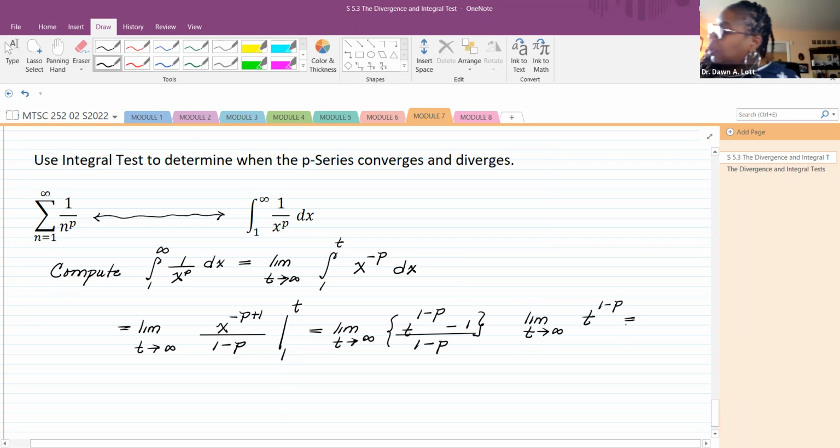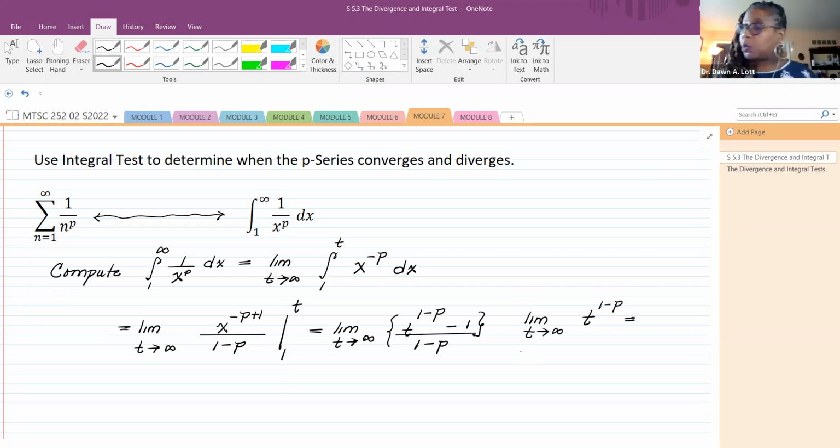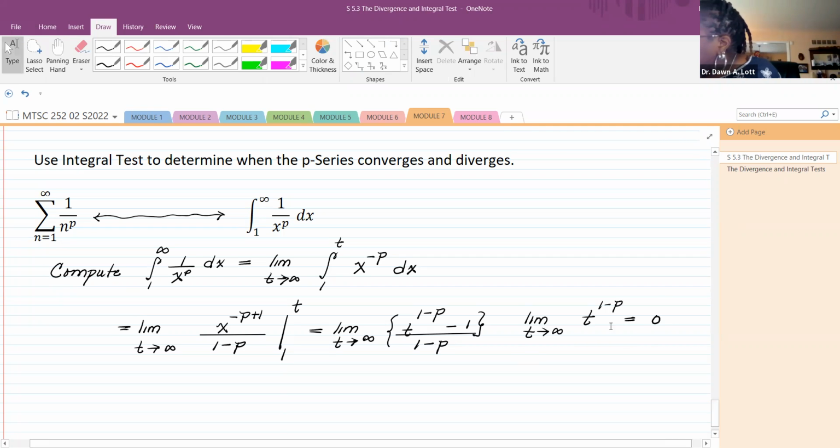Well, I have t to a negative number, which means it's getting smaller and smaller and smaller. So that limit is 0 if p is bigger than 1. And that limit is infinity if p is less than 1.